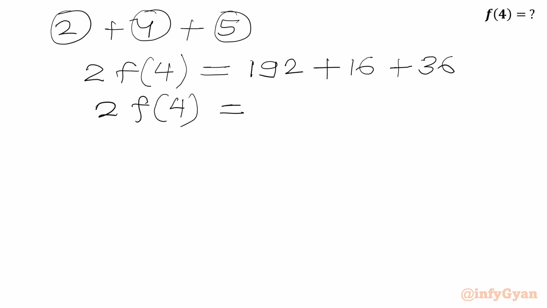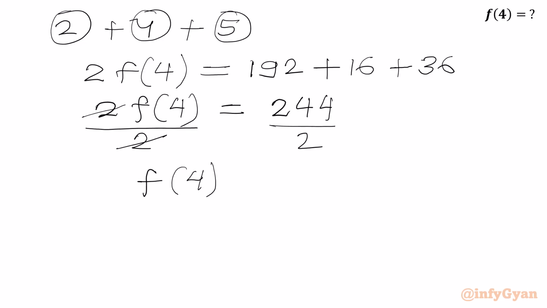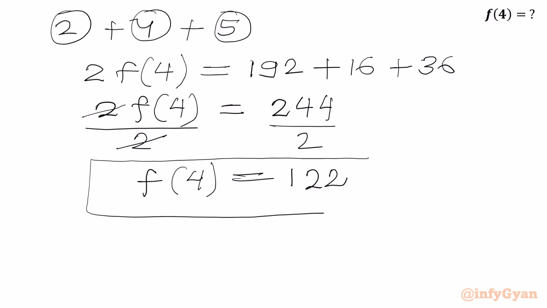This addition will come out 244. Now we will divide both sides by 2 to get the value of f of 4. These two 2's will be over. We will get f of 4 equal to 244 over 2. So 122 will be our final answer.